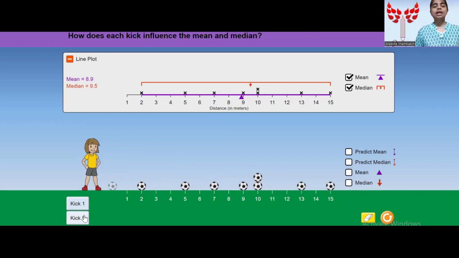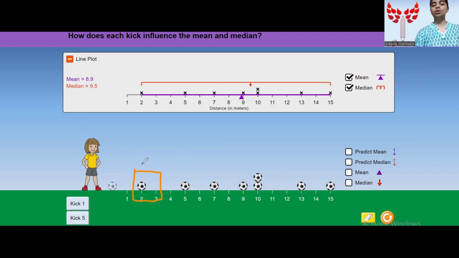If you can see, the mean is lower than the median. And why is that so? It is because of this value, which is a little unique. It is on the lower side, and it is actually stretching the mean to become low.